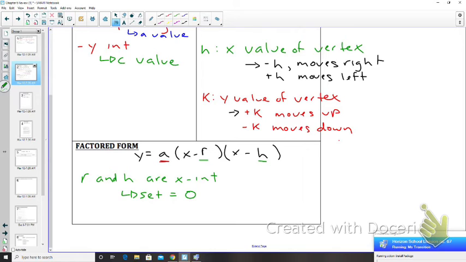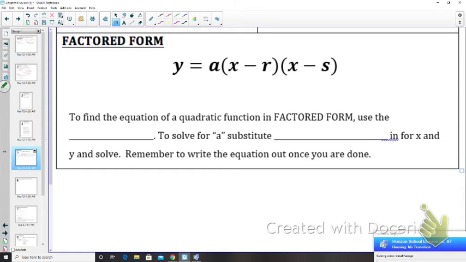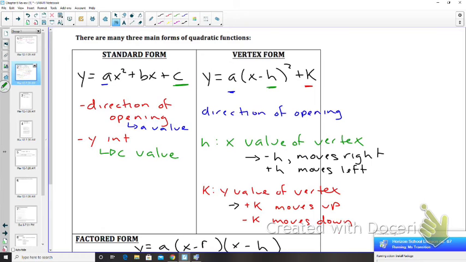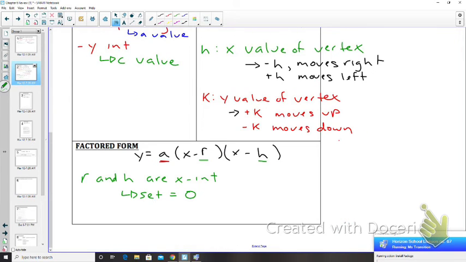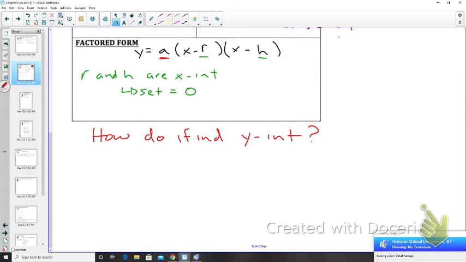Now, I'm going to jump past 3s, I know we just talked about these. Maybe we'll just do it on this slide. How do I find the y-intercept if we don't know it?